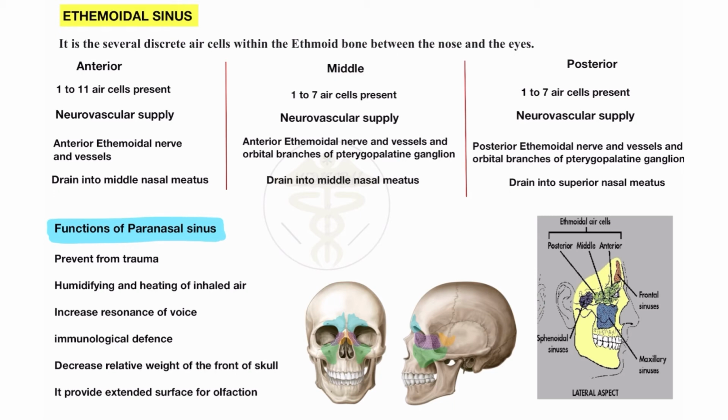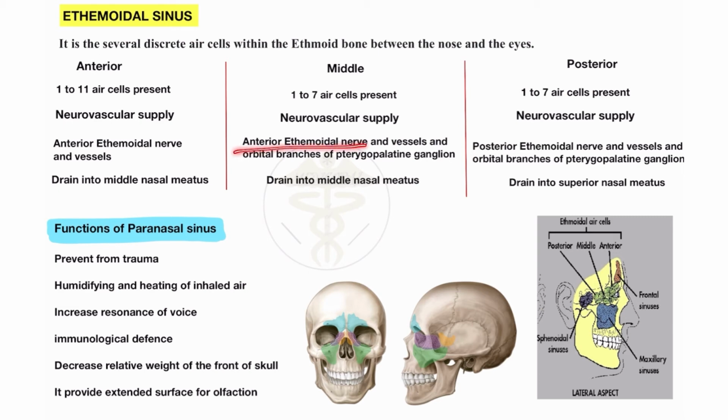Middle means middle ethmoidal sinuses. The middle ethmoidal sinuses have 1 to 7 air cells. Neurovascular supply of the middle ethmoidal sinuses is by the anterior ethmoidal nerve and vessels and the orbital branch of the pterygopalatine ganglion, the same as I already discussed for the sphenoidal.